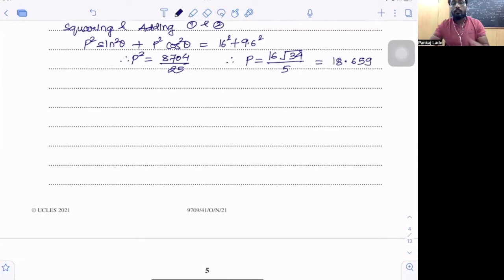The question paper at the beginning gave us an instruction that if you're finding some values other than the angles, you should write three significant figures. So I can write this as, therefore P is equal to 18.7 newtons.